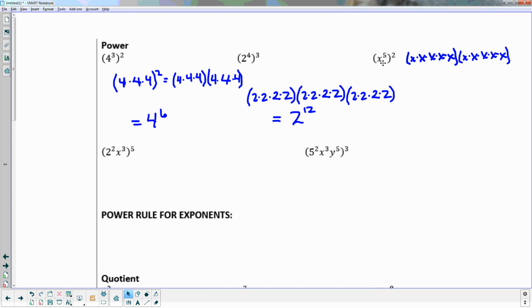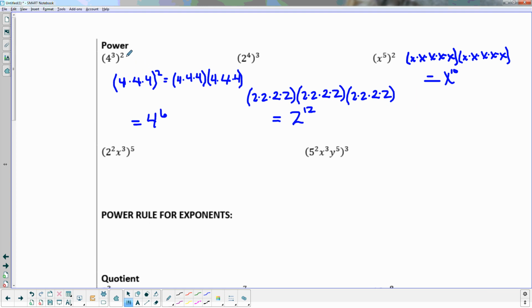So I have x to the 5th, so 5 x's written twice for that squared. So how many x's do I have? 1, 2, 3, 4, 5, 6, 7, 8, 9, 10. So we have x to the 10th. Okay, well, that seems all right because 5 times 2 is 10.